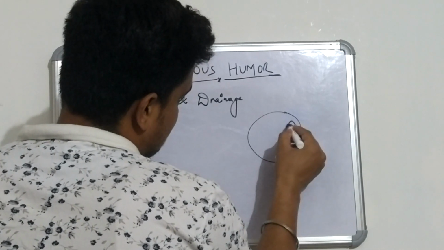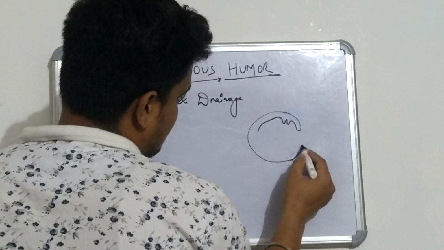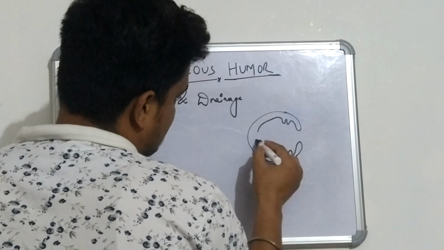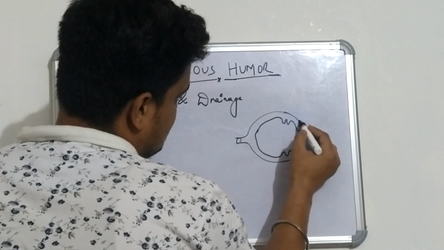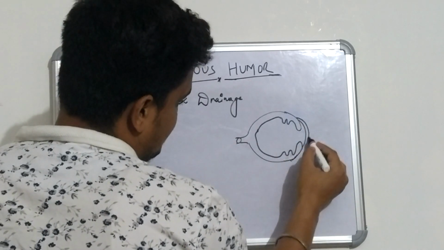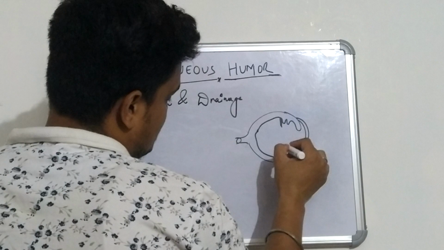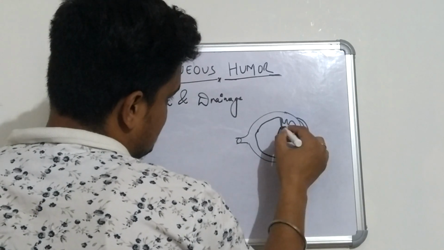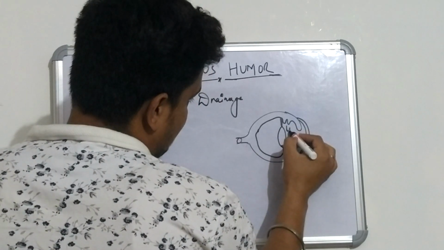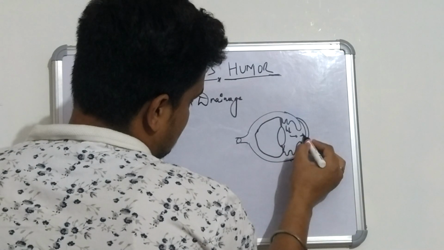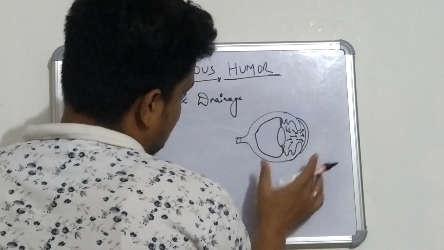So this is our sclera, this is iris, ciliary body, choroid, this is our cornea from the anterior part, and in between there is a crystalline lens which is placed here, and the production of the aqueous humor from the ciliary body or from the posterior chamber to the anterior chamber.